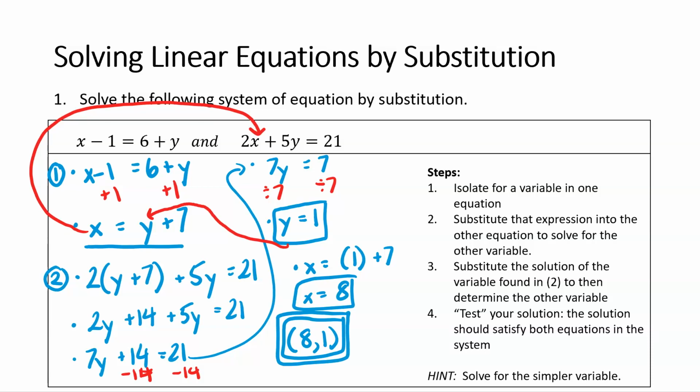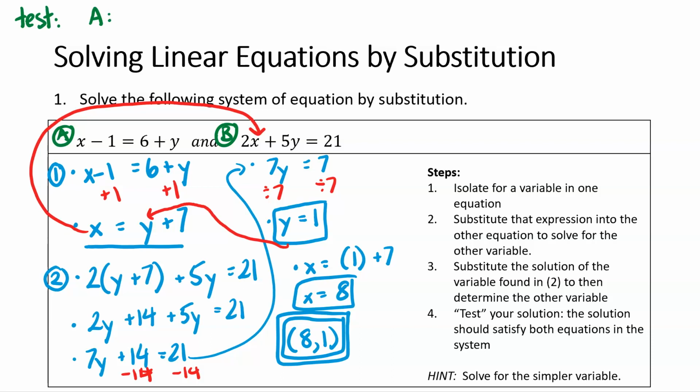How about testing? Testing means you would plug those x and y values into both of the original equations and make sure those equations work out, that they remain true. I'm going to do the testing up here. I'll call this equation A and this one equation B. For equation A, x minus 1 equals 6 plus y.